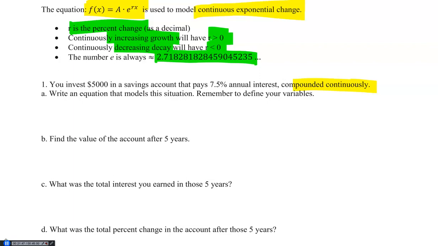So here, f of x is equal to your initial investment, $5,000, times e raised to 7.5%, that's 0.075x, compounded continuously.